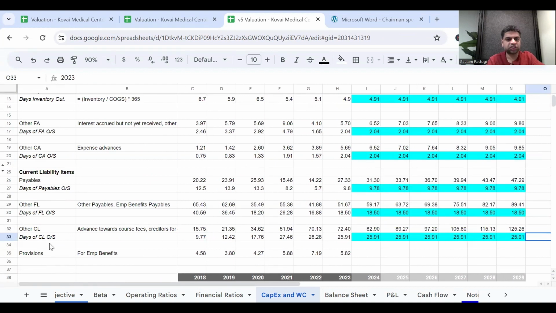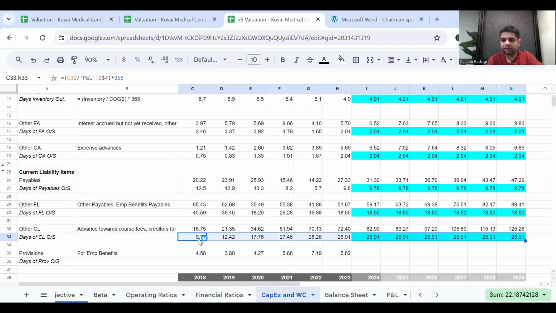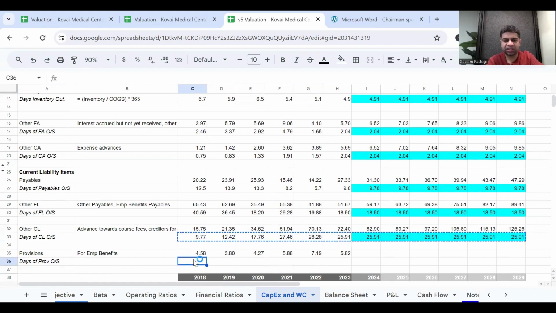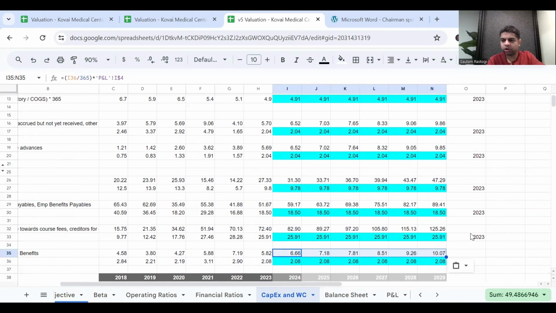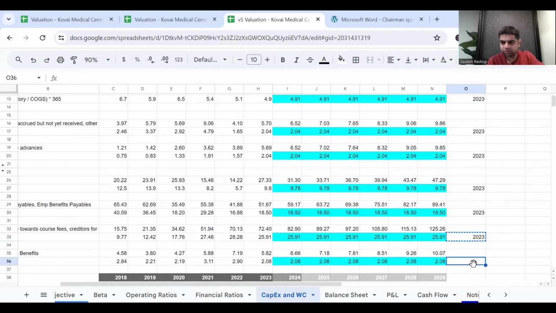I have provisions as well, so let me pull provisions too. Again, the same thing, I don't need to create separate formulas. I'm just pulling from 2023.